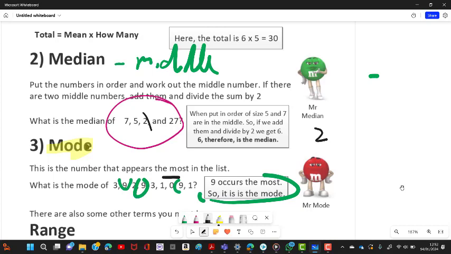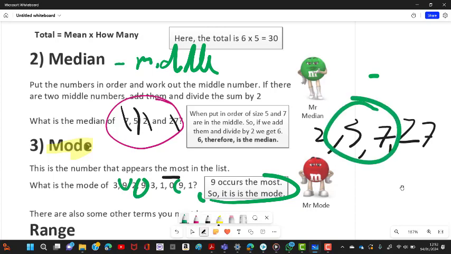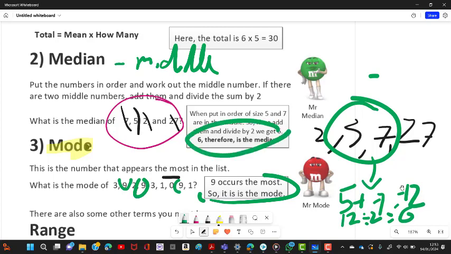So 2 is the smallest, 5 is the next, 7 is the next, and 27 is the last one. Notice we've got two numbers in the middle. If you've got two numbers in the middle, what we have to do is add those two numbers together and divide by 2. That will give us the median. 5 plus 7 equals 12. 12 divided by 2 equals 6. So the median is 6.